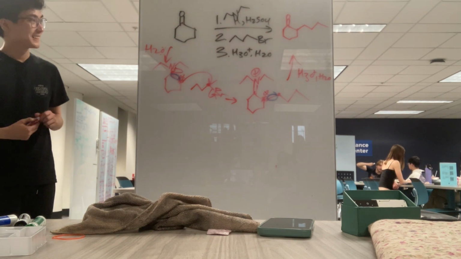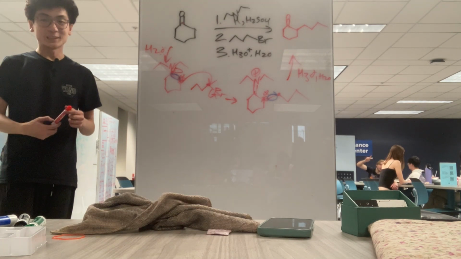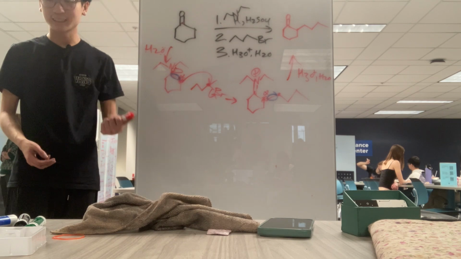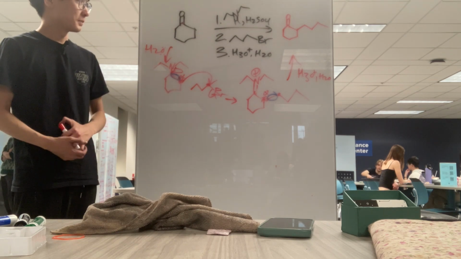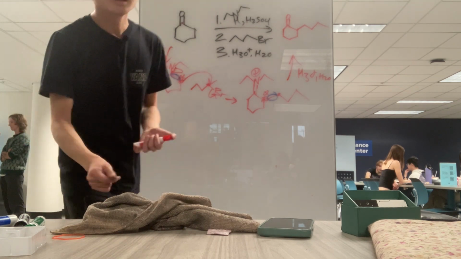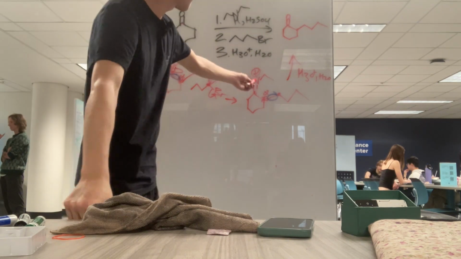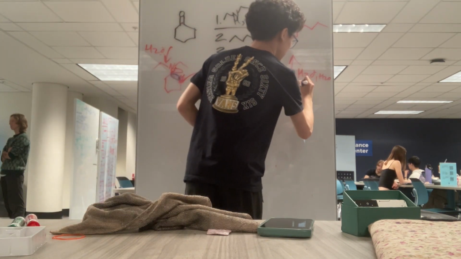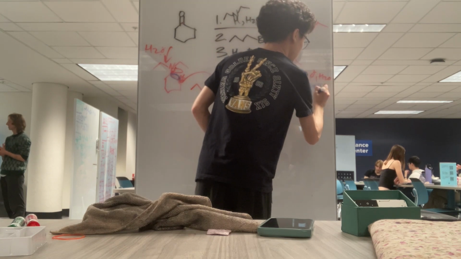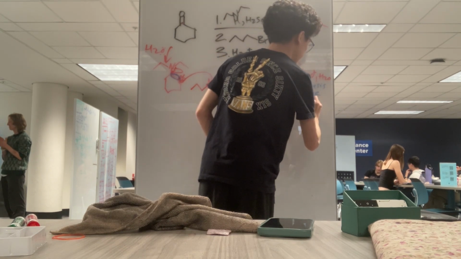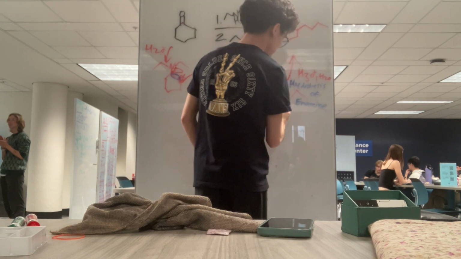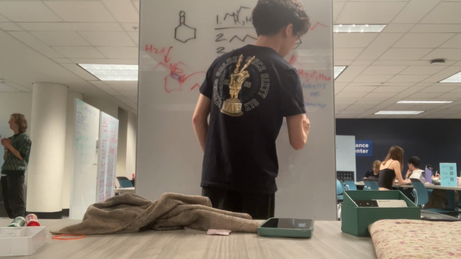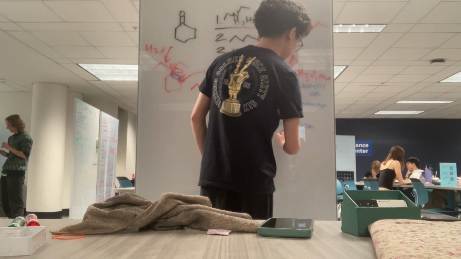That's why this chapter is a lot, because you need to do the forward mechanism and reverse mechanism, in acidic conditions and basic conditions. For here to here, that is hydrolysis of enamine, or the reverse mechanism of enamine formation.